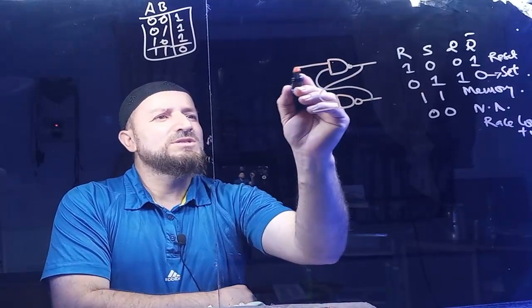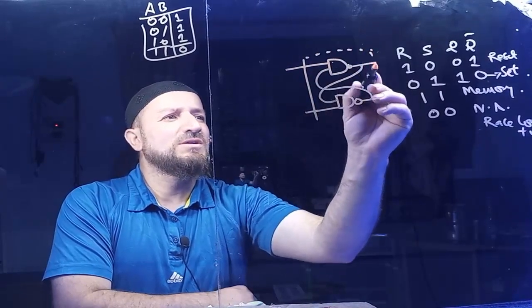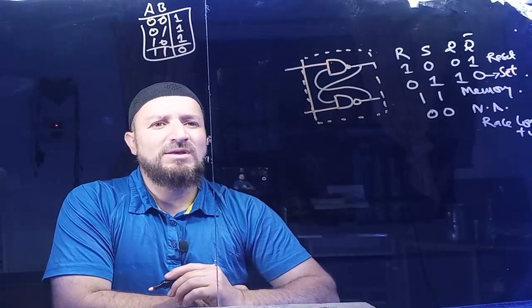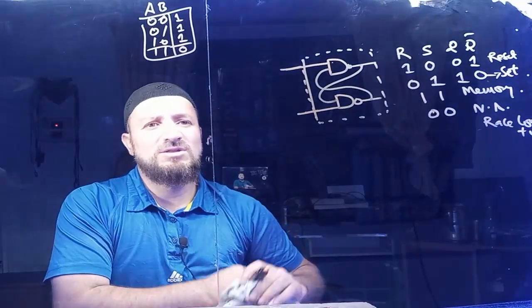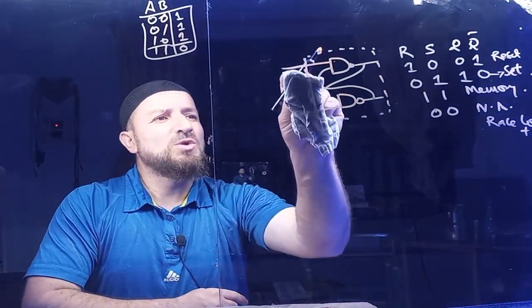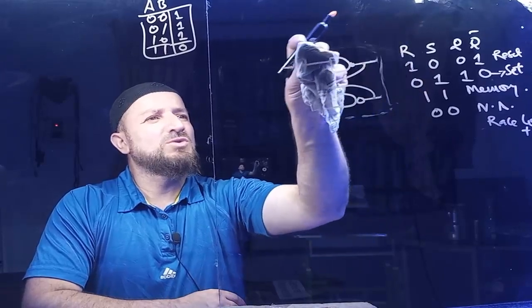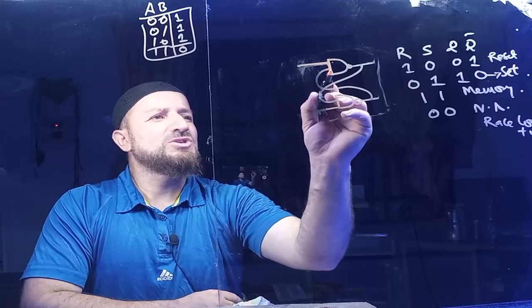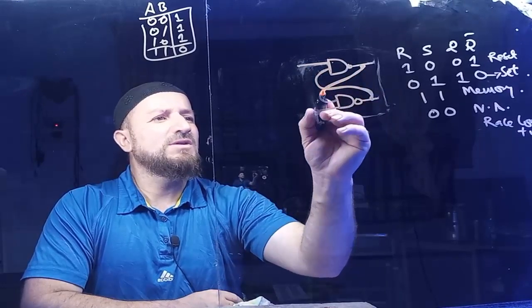Now this is my basic latch, which shows the behavior. I don't need to show it like this. This is my basic latch having the feedback loops here and here.